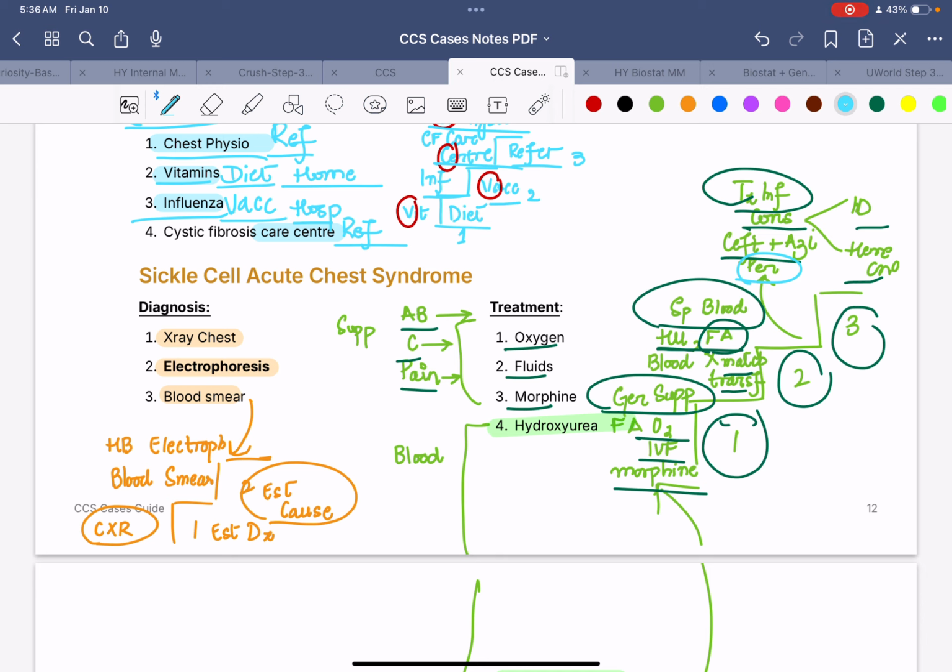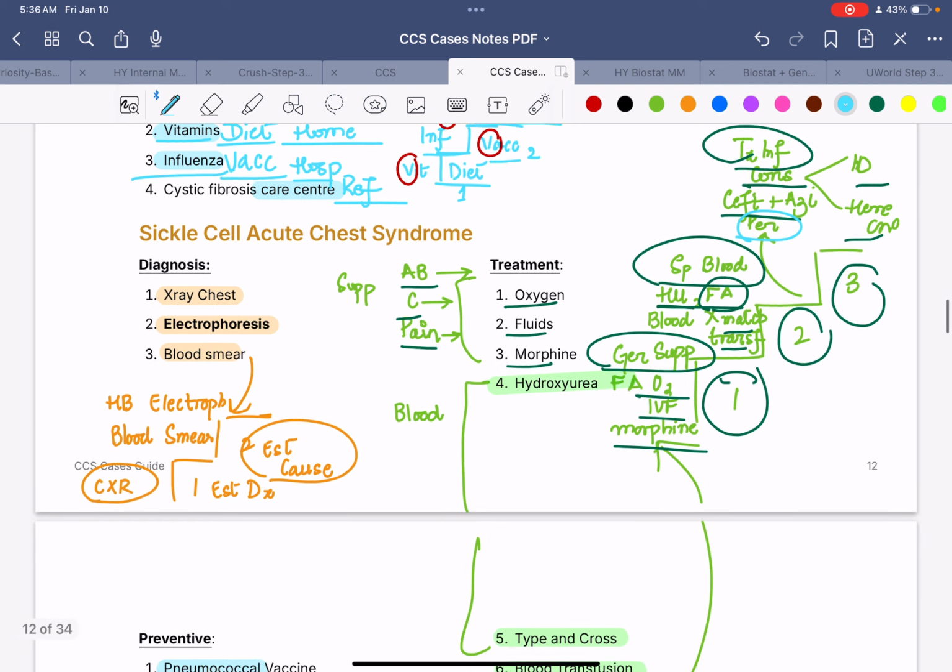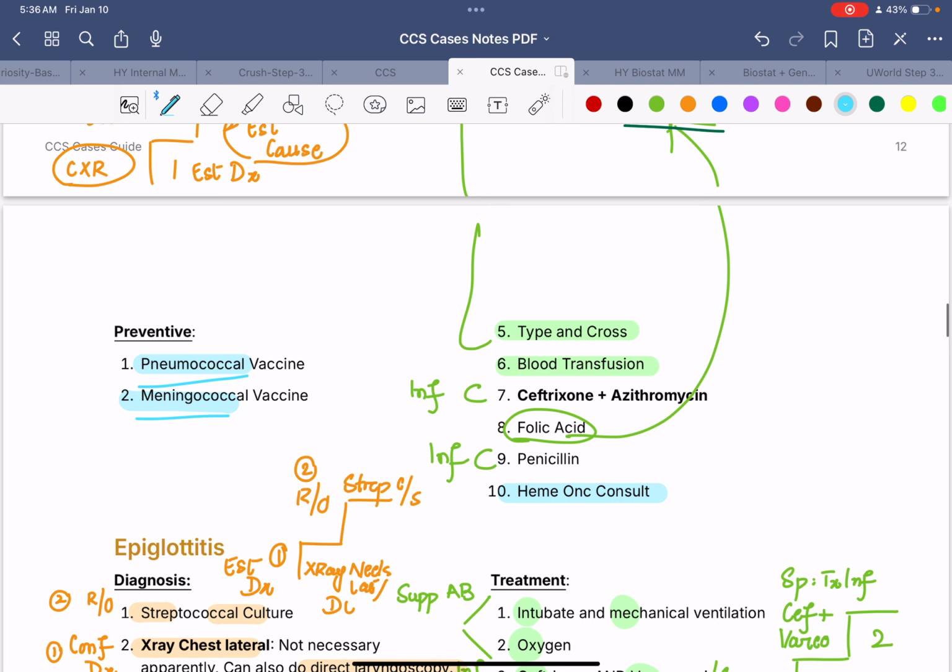And in the specific treatment, we have the blood specific treatment with hydroxyurea, folic acid, and diluting the blood with blood cross match as well as transfusion. Then the specific treatment of infection includes ceftriaxone with azithromycin along with penicillin, and then you're also going to consult the infectious disease and hem-onc, and before you discharge the patient, remember to give him meningococcal and pneumococcal vaccine.